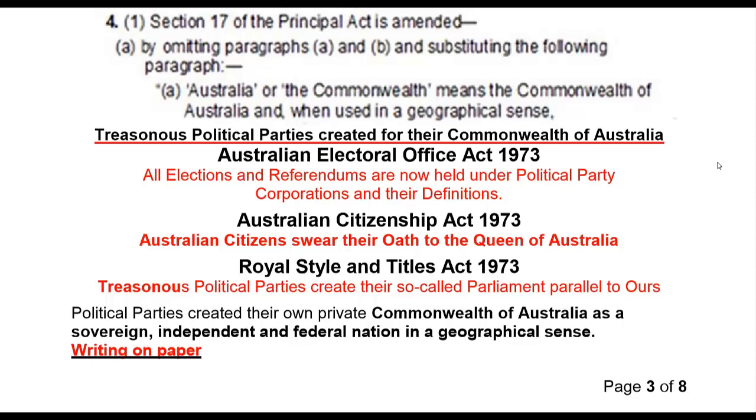Which brings us to the Australian Citizenship Act of 1973. Australian citizens swear their oath to the Queen of Australia. That makes you straight out an abstract entity. Your name is in capitals. Remember when they turned around and removed from the enacting manner and form the Most Excellent Majesty, and the word Commonwealth, which is the preamble and the first 6 clauses.